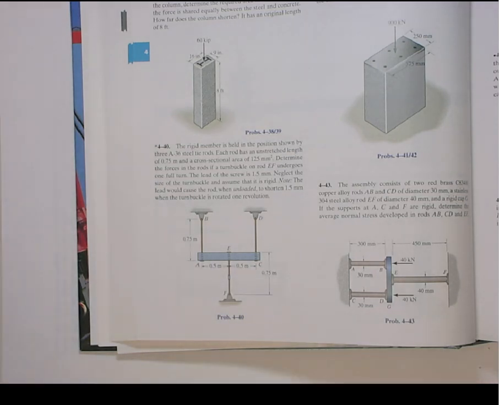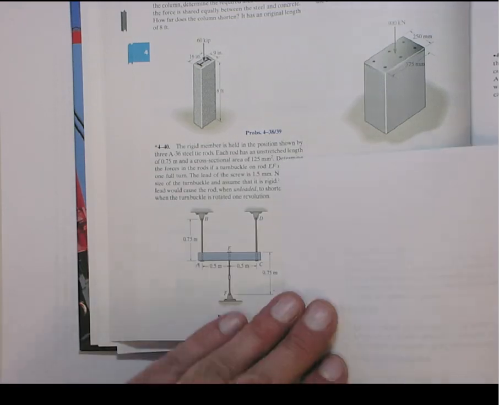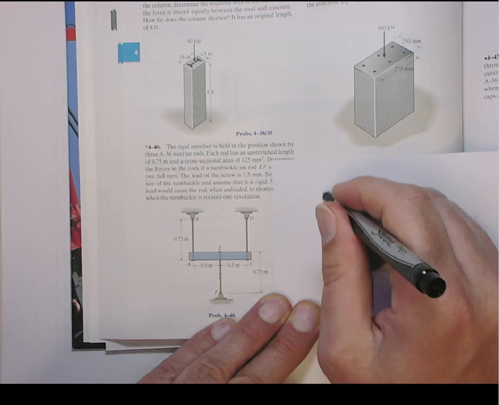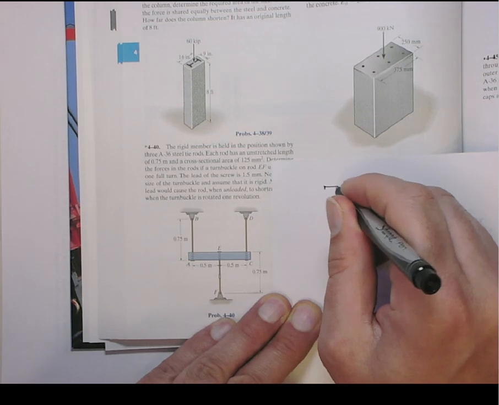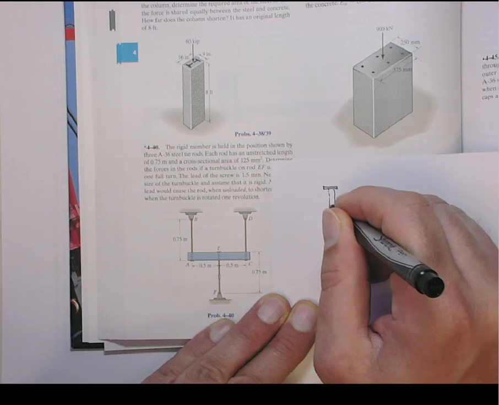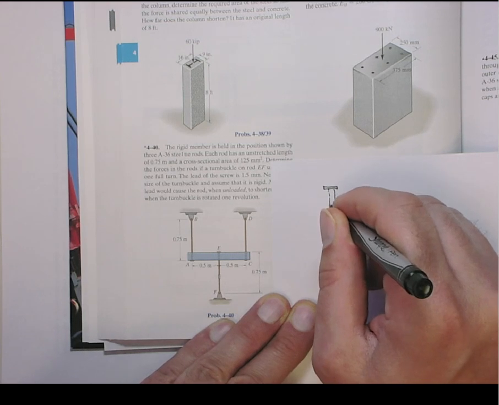So the way it works is, if I were to blow it up a little bit, here's point E. It comes through the element and then goes down.